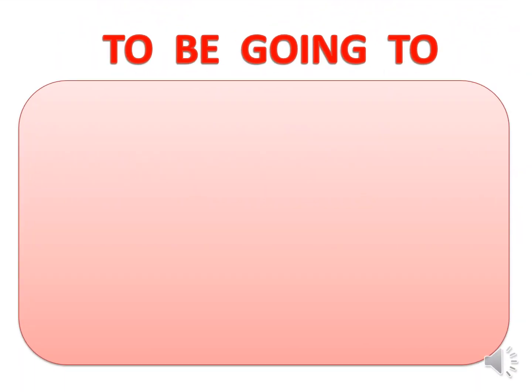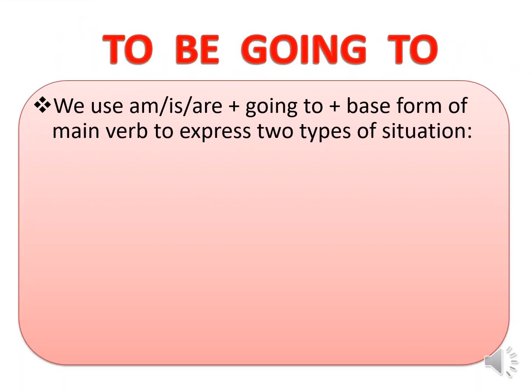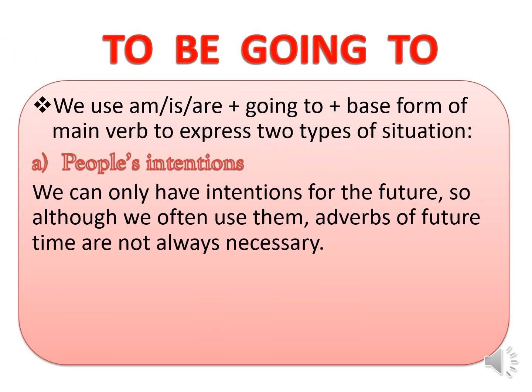To be going to, we use is, are, plus going to, plus the base form of the main verb to express two types of situation. A, people's intentions, people's plans, right? We can only have intentions for the future, so although we often use them, adverbs of future time are not always necessary.